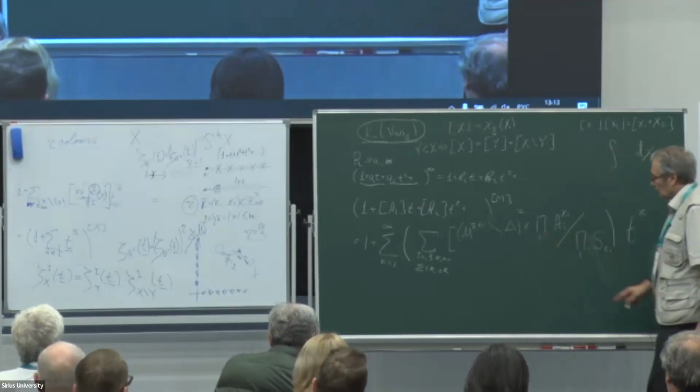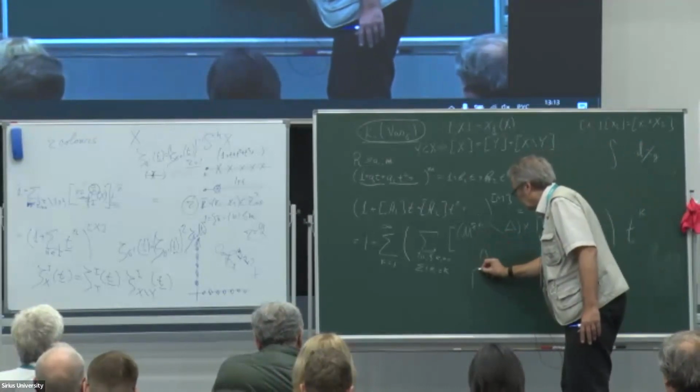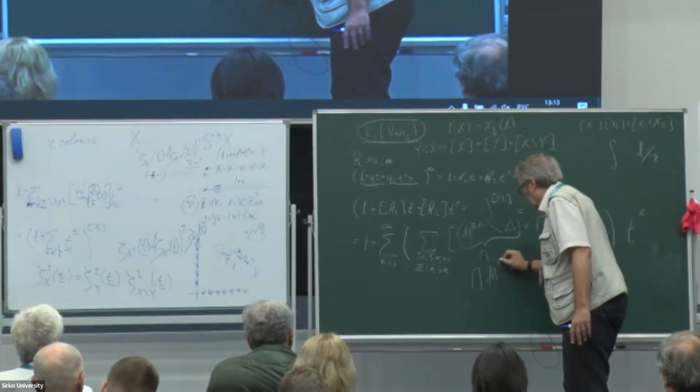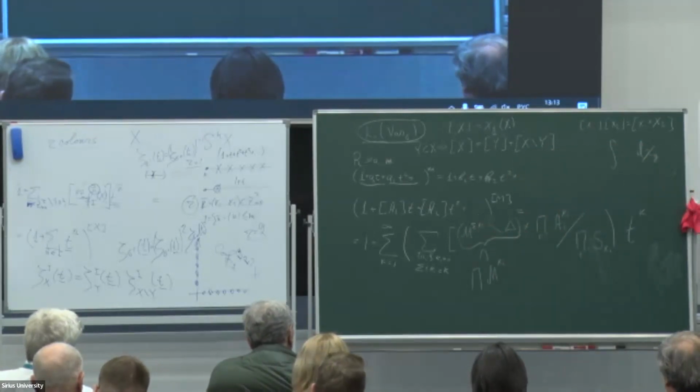And the answer is the following. This is contained in the product of M to the power k_i, which is M to the power sum of k_i, just this product.